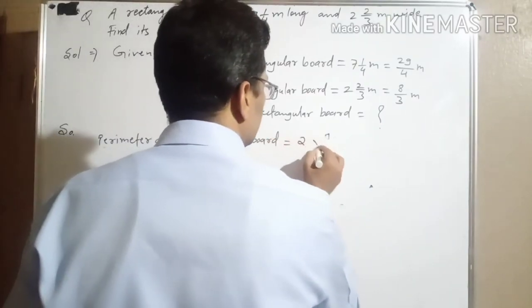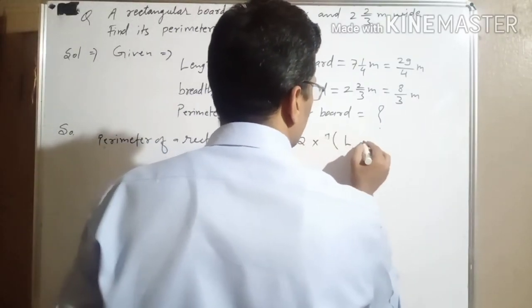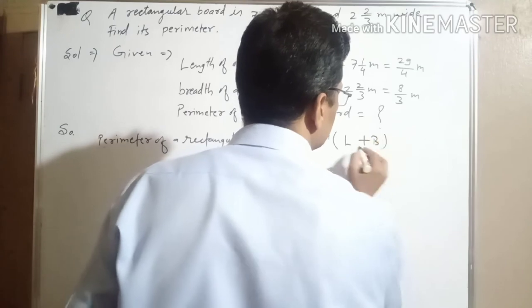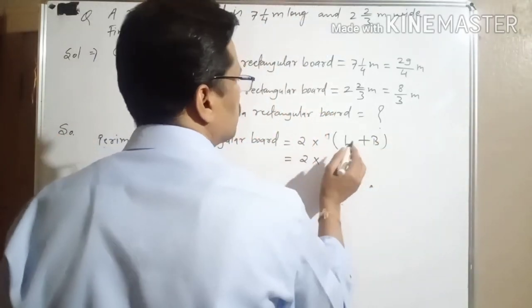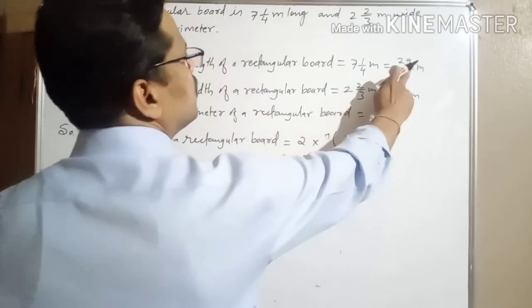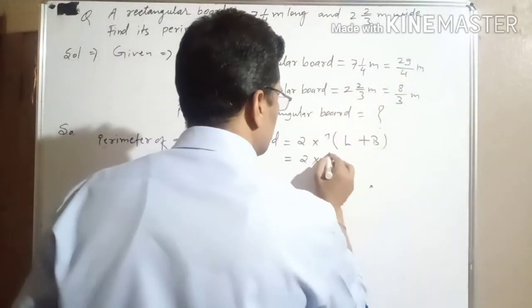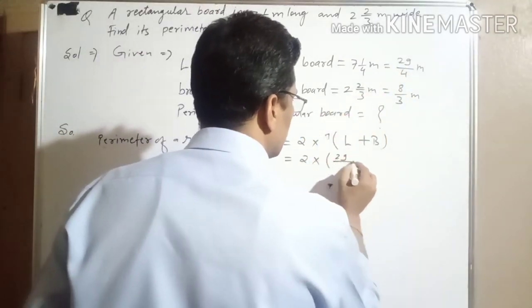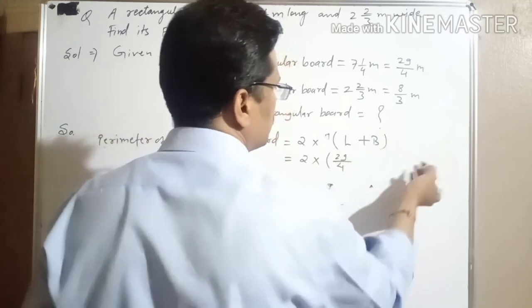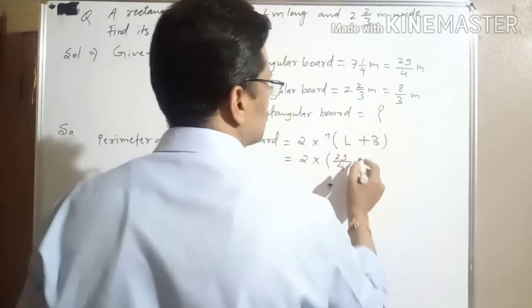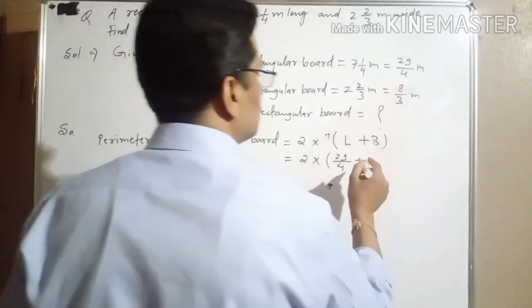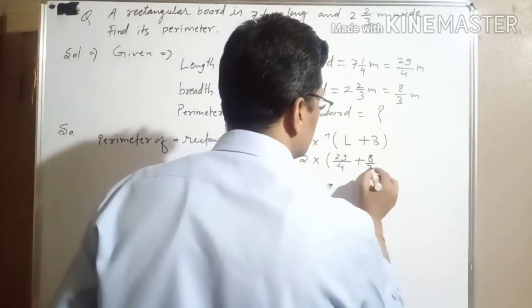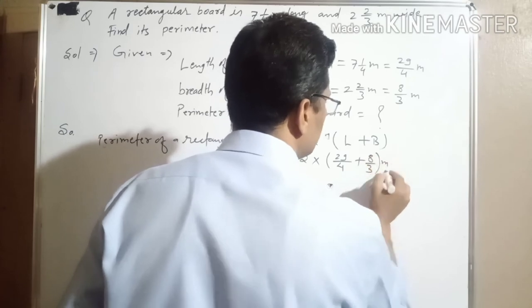We can write here 2 into bracket length plus width. So you can put the values; the 2 will come as it is. In place of length, what should we write here? 29 upon 4. Meter we write outside of the bracket. Plus sign, plus width 8 upon 3. And outside we write meter.